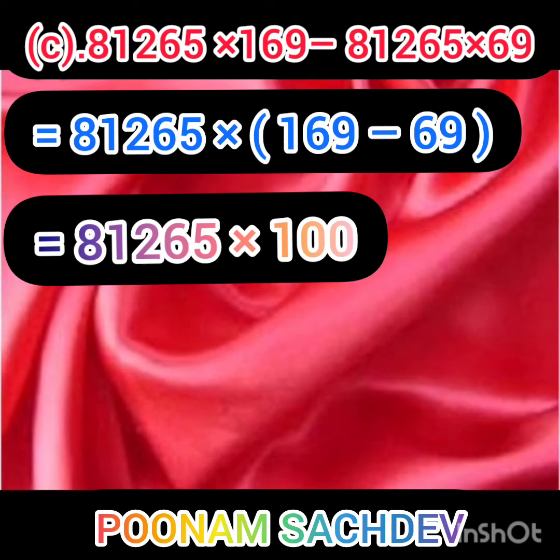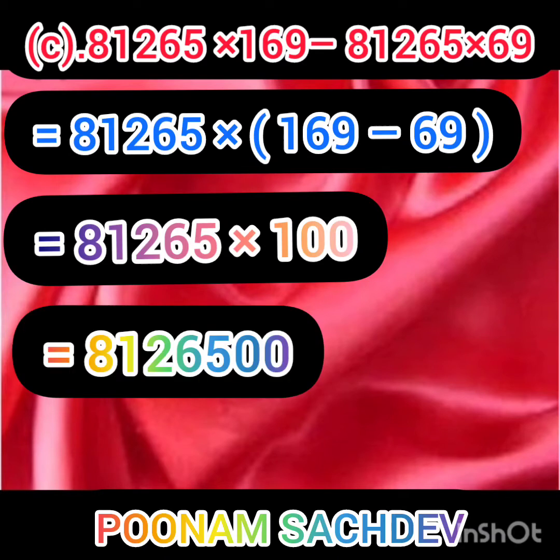Now let's multiply 81,265 with 100. So their product gives the result 81,26,500.